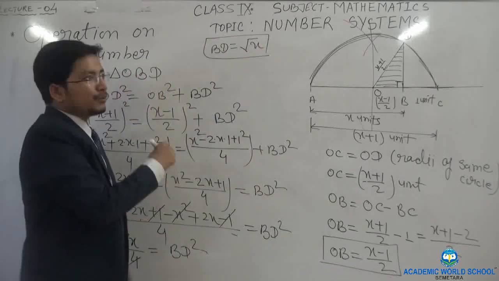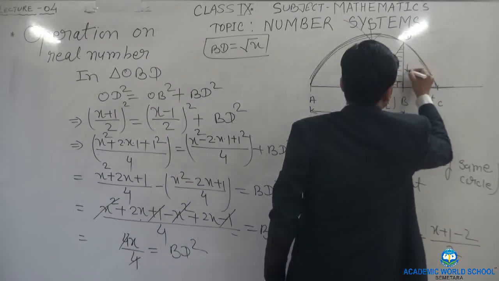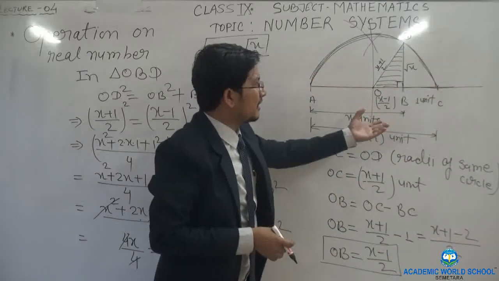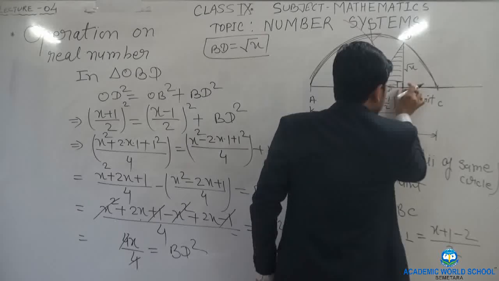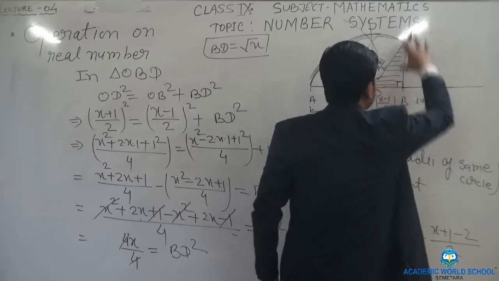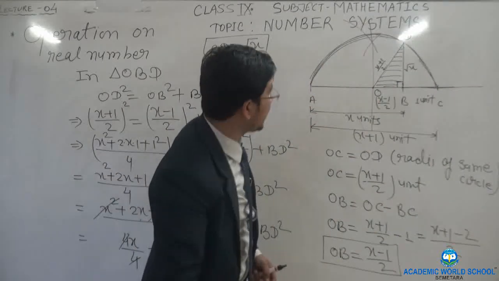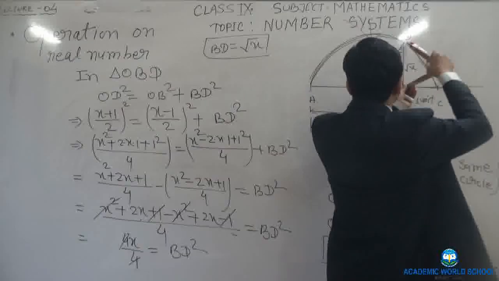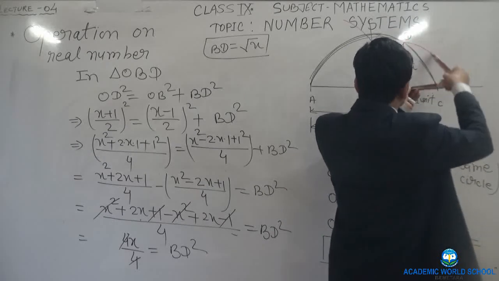And this is what we have to represent. So this BD is equal to root x. If this BD is equal to root x, I am going to take this B as the center and BD as a radius, and draw an arc.